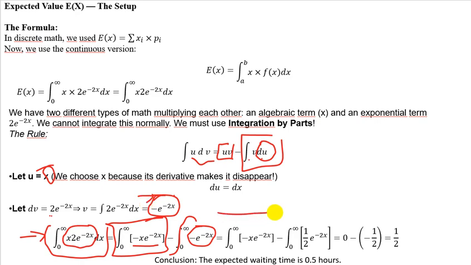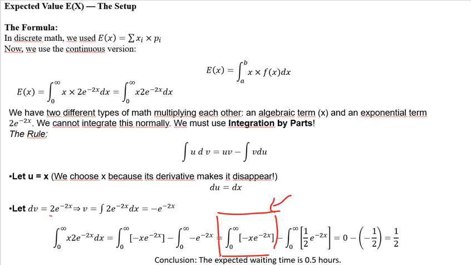So this one is clear, so we need just to find the upper limit minus the lower limit, minus the antiderivative of this, which is 1 over 2 e^(-2x) from 0 to infinity.